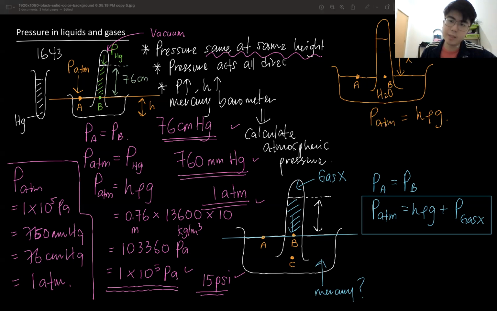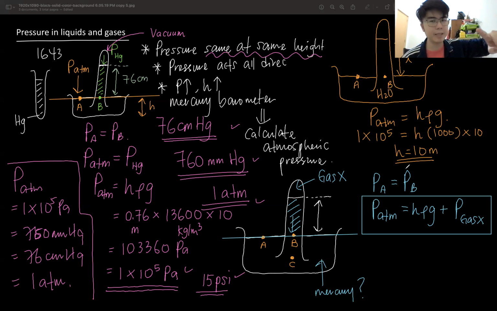At sea level, I put in 1 times 10 power 5 Pascal equals H times the density of water, 1000, times 10. You calculate this, you get H equals 10 meters. That means if you use water, the column becomes so high, 10 meters.